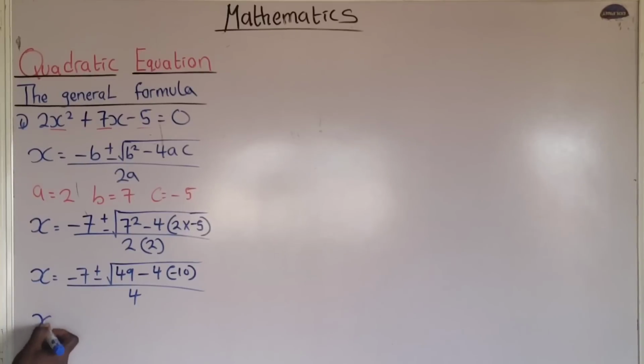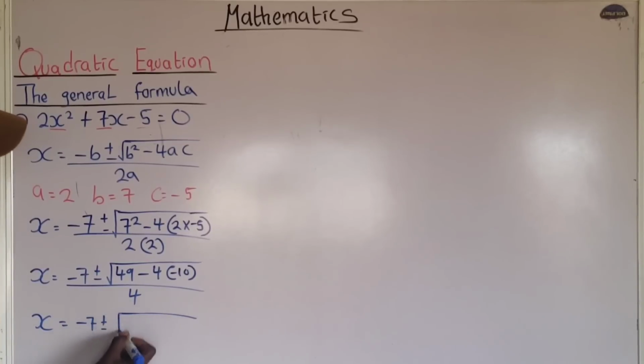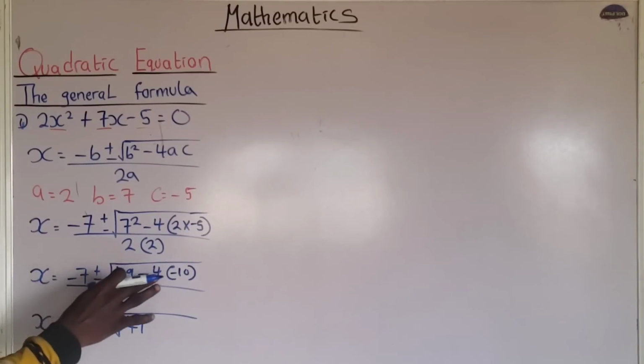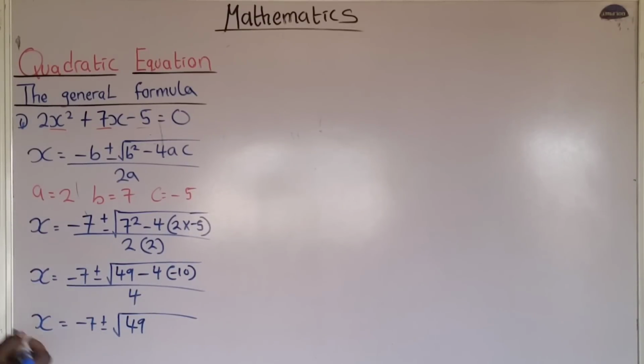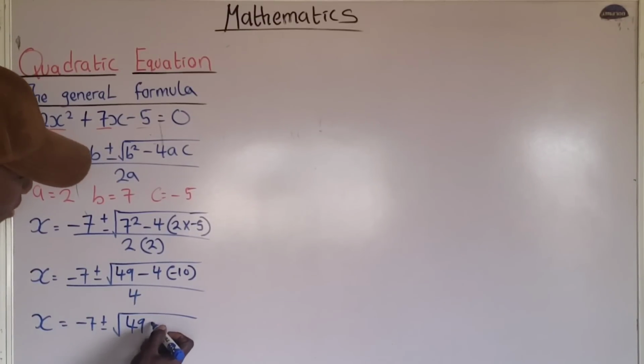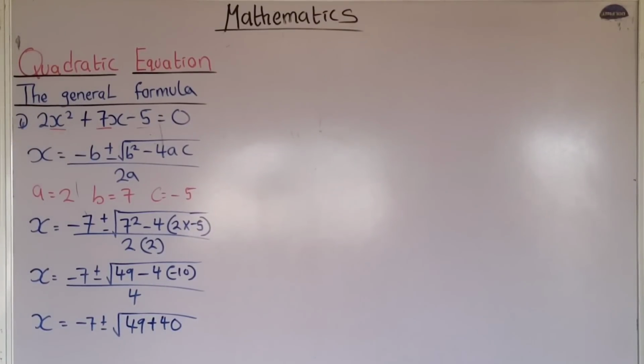Please pay attention. Here, I'm going to have 49 minus 4 multiplied by minus 10. Negative times negative, that will give us what? Positive. So 4 times 10 is what? 40. So I'm going to have 49 plus 40. Now, 49 plus 40, that is 89.